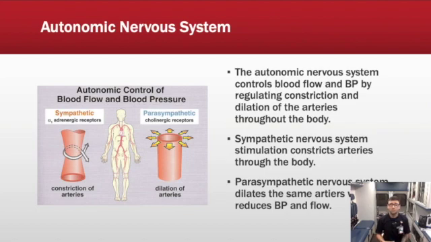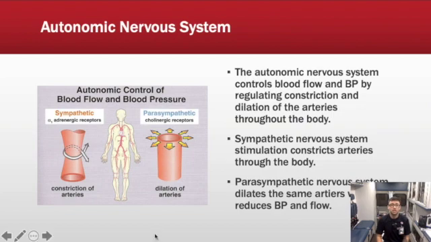So, the autonomic nervous system controls blood flow and blood pressure by regulating constriction and dilation of arteries throughout the body. The sympathetic nervous system stimulation constricts arteries throughout the body, and the parasympathetic nervous system dilates the arteries. So if you look at this picture here, your sympathetic nervous system constricts these arteries, creating an increase in blood pressure, increase in heart rate, and increase in contractility.